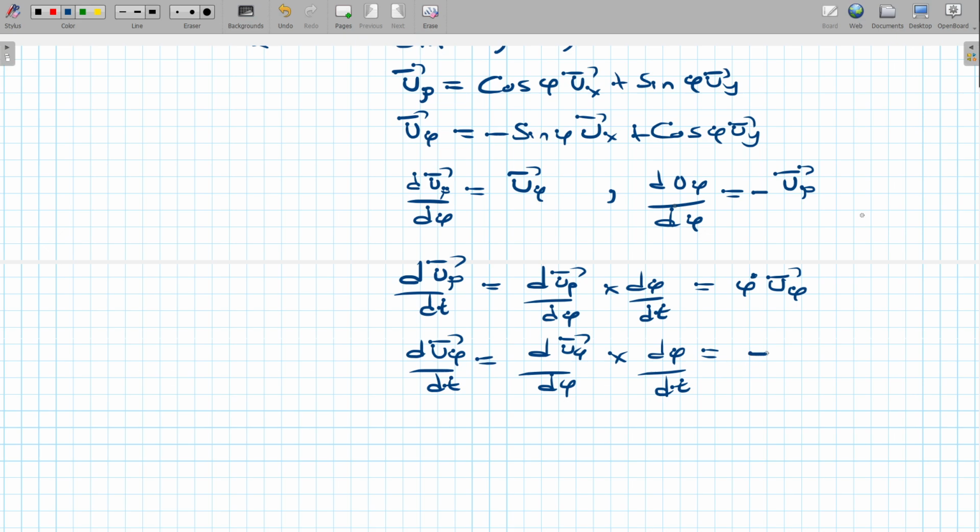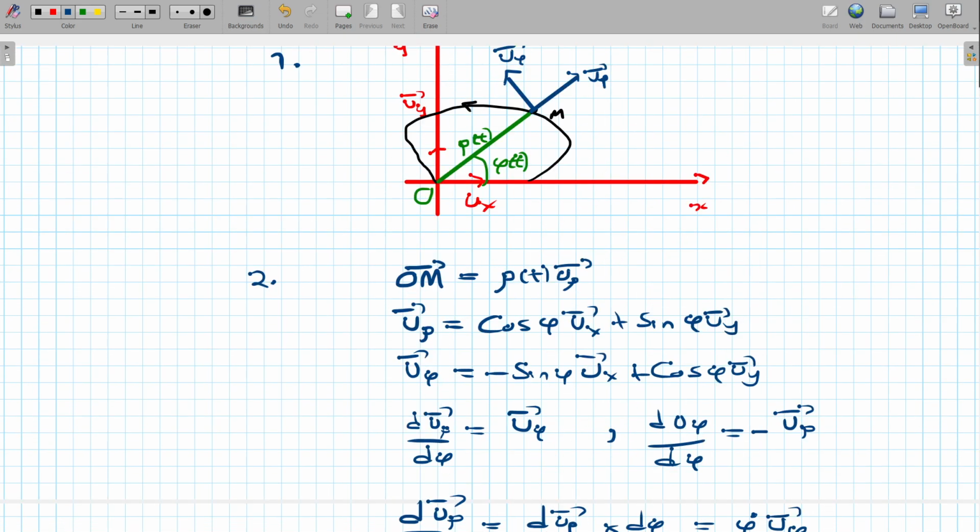This is going to be minus phi point u rho. I'm a bit used to e and not u, but for consistency, this is what we can write. Hopefully you remember everything that we discussed yesterday. We talked about all these relations.